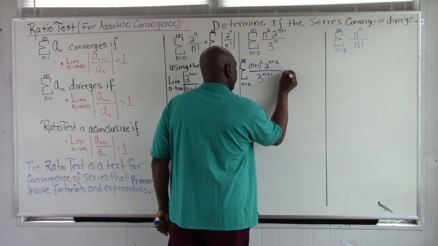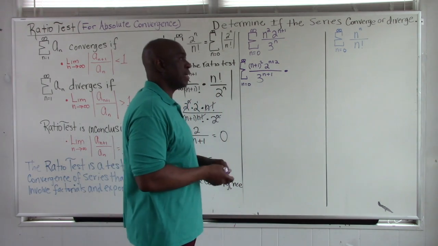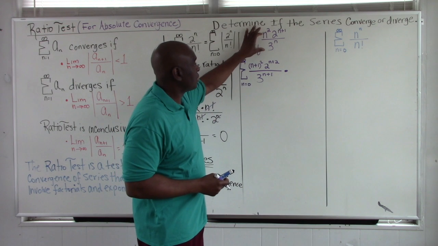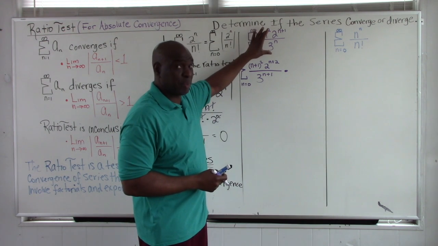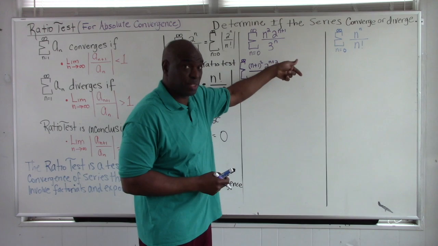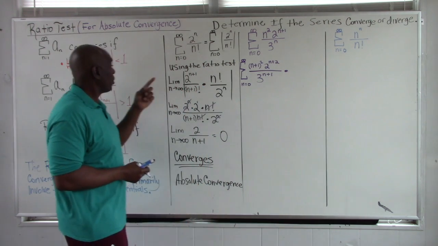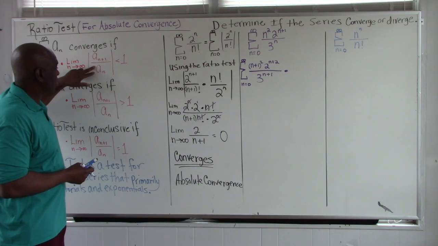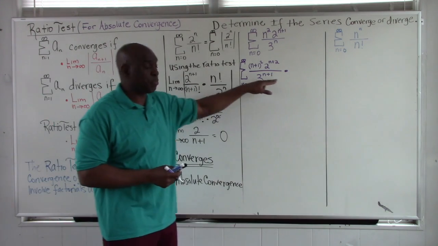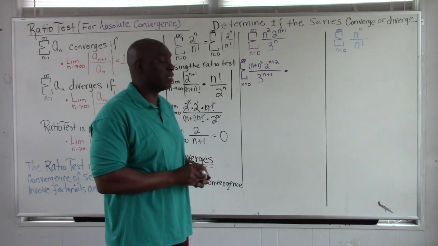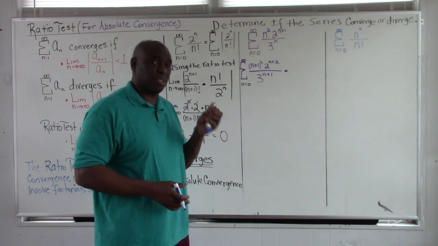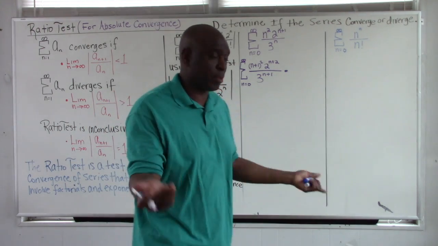Times, well, don't multiply it by the actual sequence itself. Multiply it by the reciprocal of the sequence. Because again, whenever you divide by the sequence, or here, multiplied by the reciprocal, okay? Because multiplication and division are inverse or reciprocal operations, right?